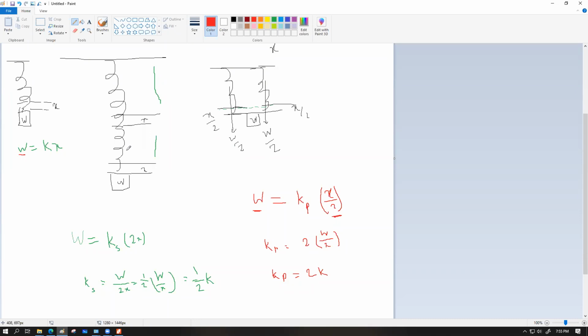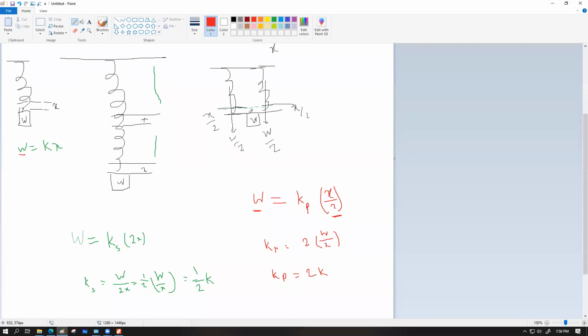Well, for an ideal case, no. For a practical case, no. The side where the W weight would be shifted towards that spring should definitely undergo a bigger extension, and the other one should undergo a smaller extension. For the sake of simplicity, what I'm trying to show you over here is that everything can be considered as a particle.